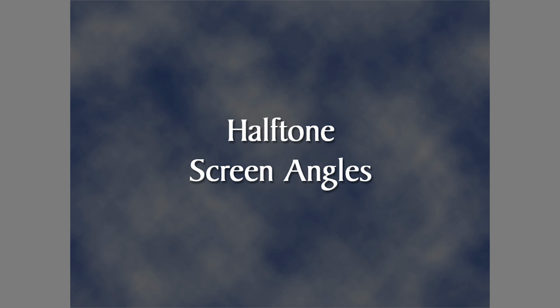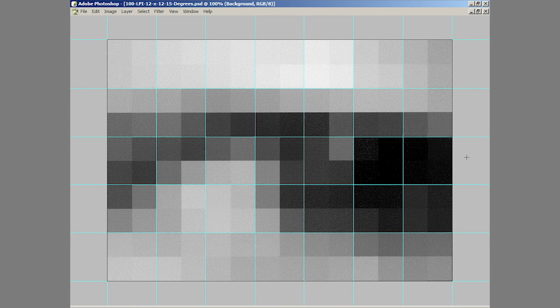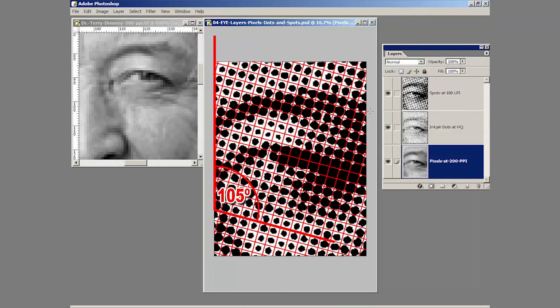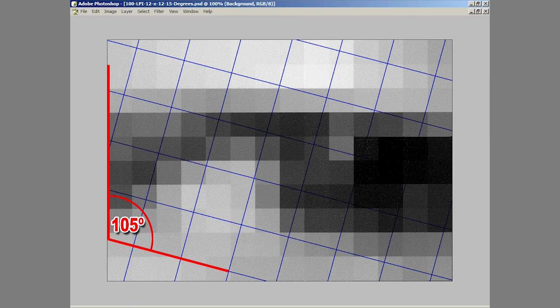Halftone screen angles. As mentioned earlier, halftone screens rarely go in a horizontal direction that is parallel to the pixels, as we see here. Typically, the screen ruling is rotated to an angle, such as 105 degrees, as you saw in Terry's photo. Here's how a 105-degree screen appears over our magnified pixels.